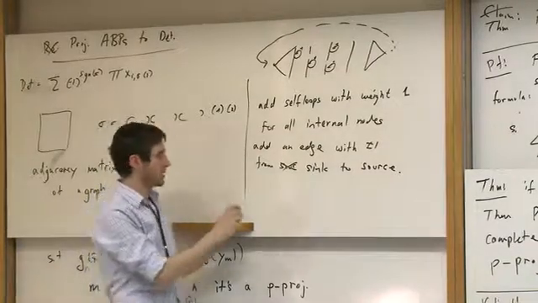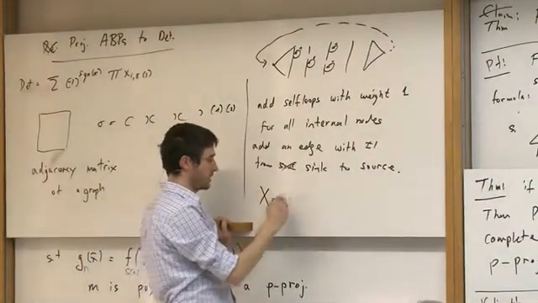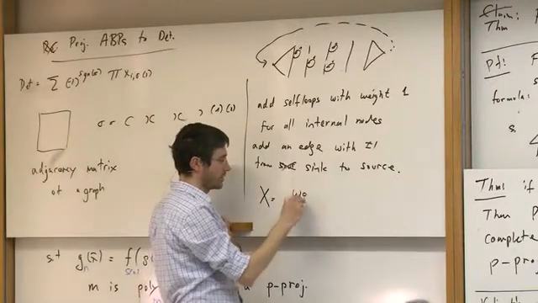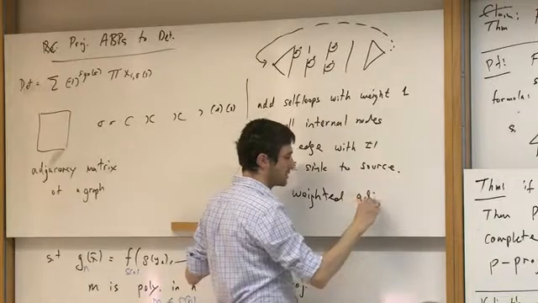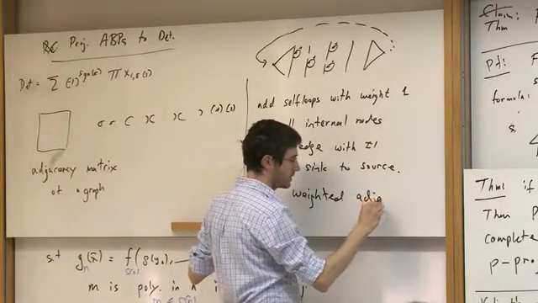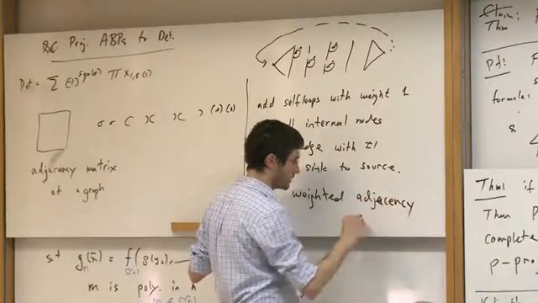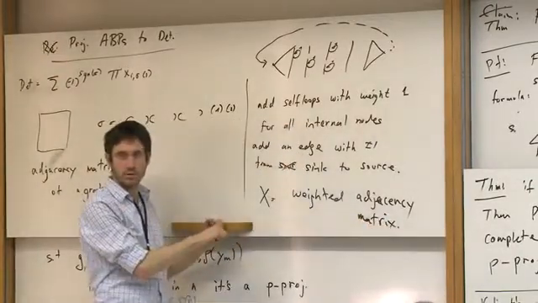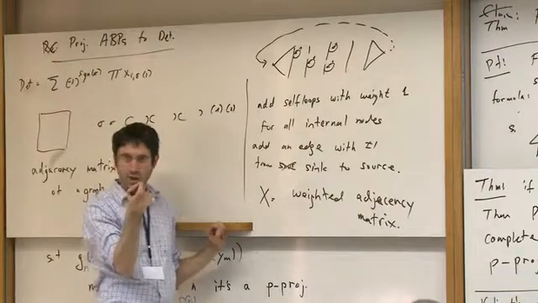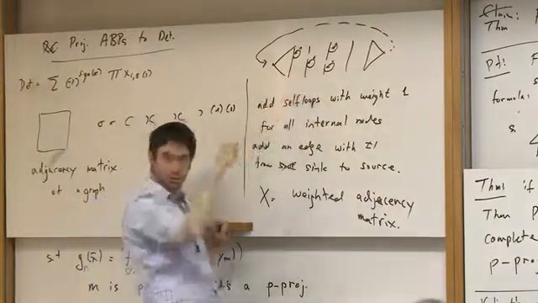Now let X be the weighted adjacency matrix. What do I mean by weighted? For each entry ij, if you have a variable, you put the variable.